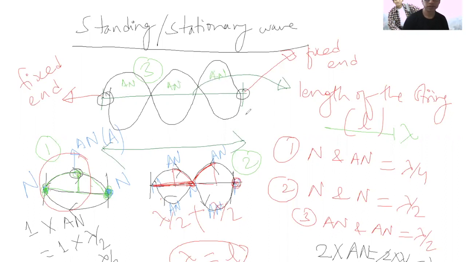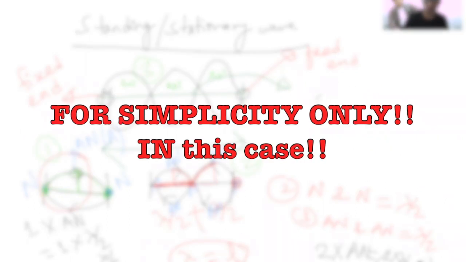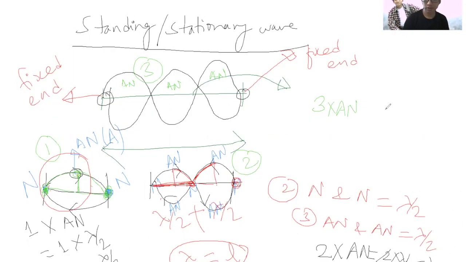If I want to compare antinodes with the wavelength, the number of antinodes involved is 3. So 3 antinodes is 3 times lambda by 2. So the overall wavelength in the third case, that is the third segment or third loop of the stationary wave, is 3 lambda over 2, right? And this is going to be equal to the length of the wire present in that section, that is, according to assumption, L.